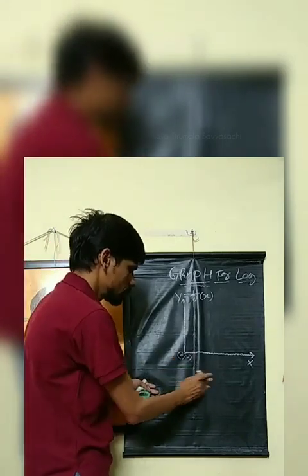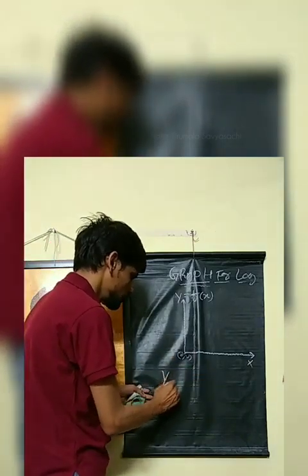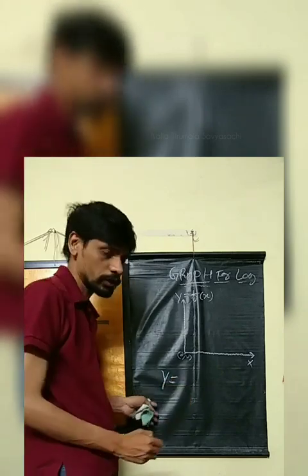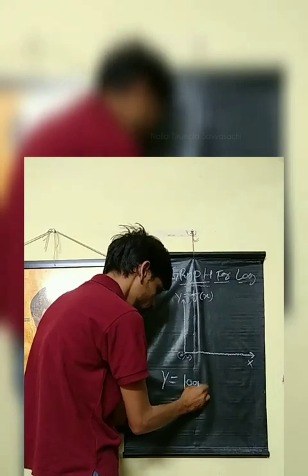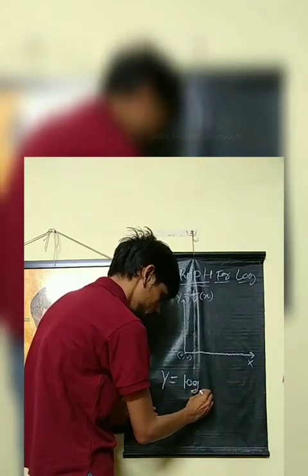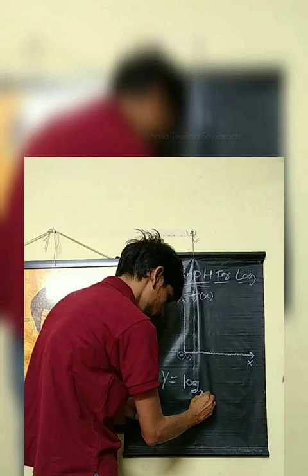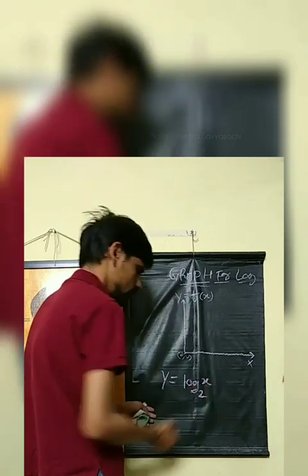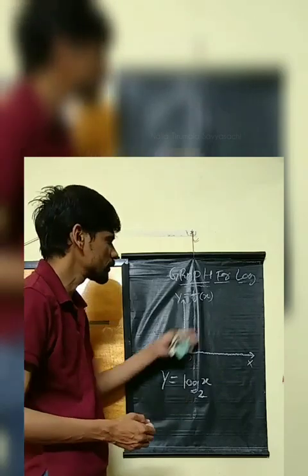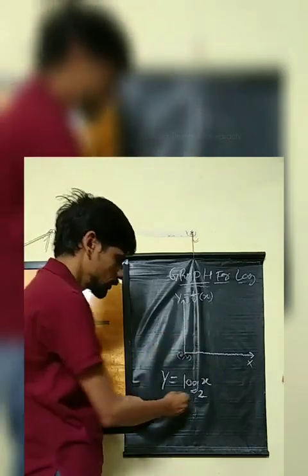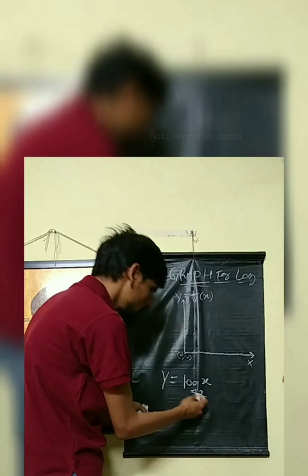So let's imagine, for example, we have a logarithm function, log base 2 of x. This is our function, and by using it we will try to draw a graph.